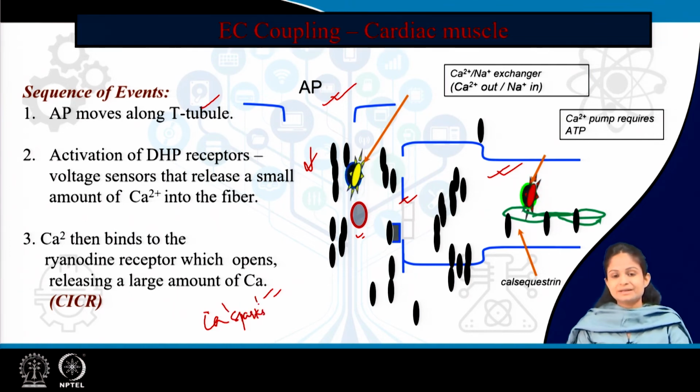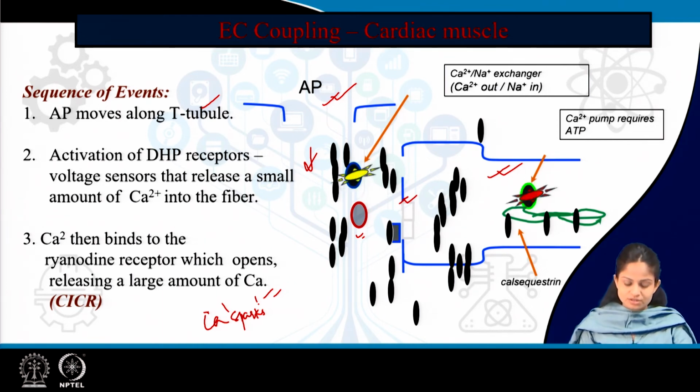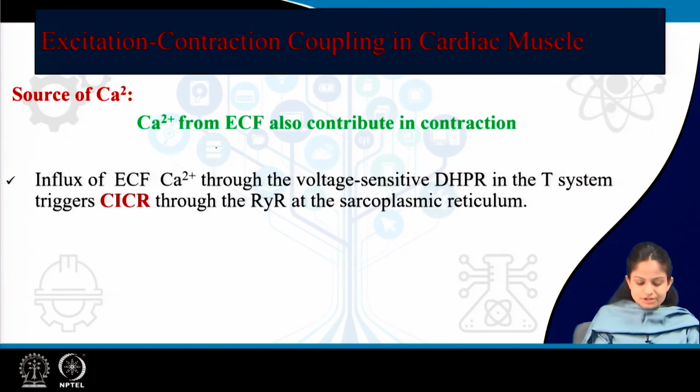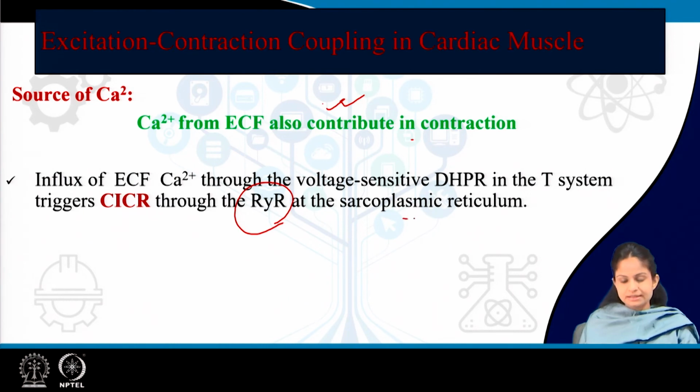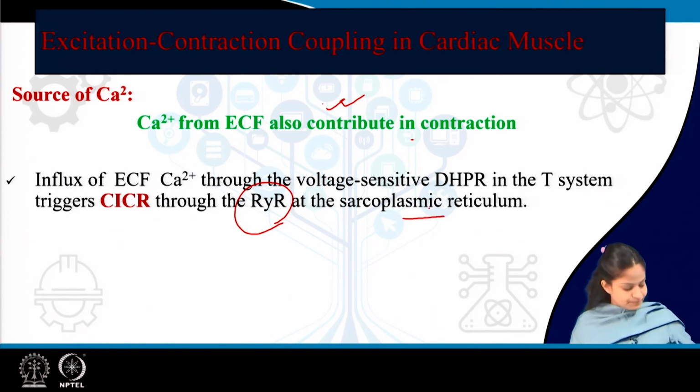So, this is calcium induced calcium release, CICR, that results in calcium sparks. So, calcium from extracellular fluid contributes to contraction, and this is mainly through the ryanodine receptors present at the sarcoplasmic reticulum.